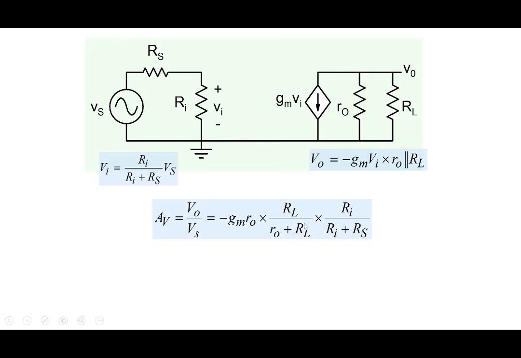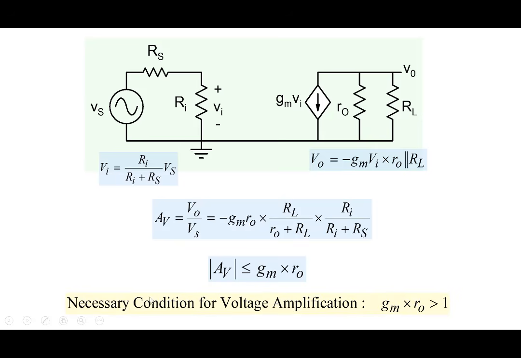And therefore, if you want to get a gain, it is essential, the minus sign just indicates the 180-degree phase difference between the output and the input. So the magnitude of the gain will be less than or equal to GM R0, the first term here. And therefore, a necessary condition for obtaining voltage amplification is that GM times R0 must be larger than 1.